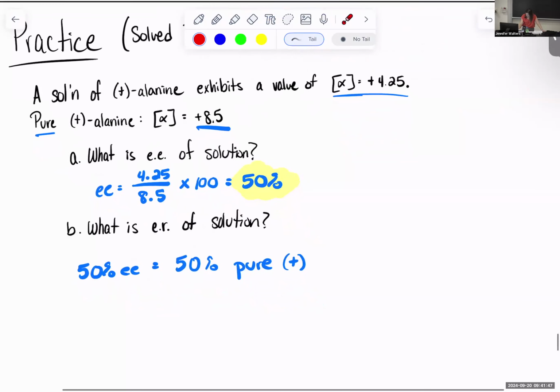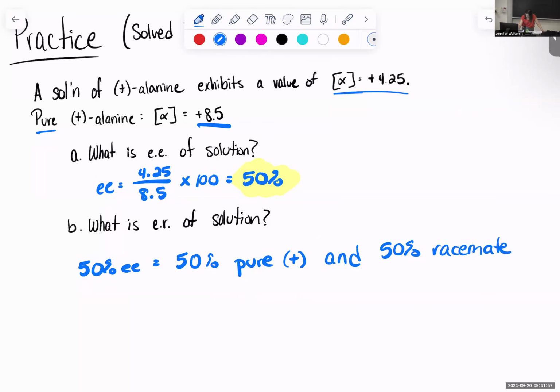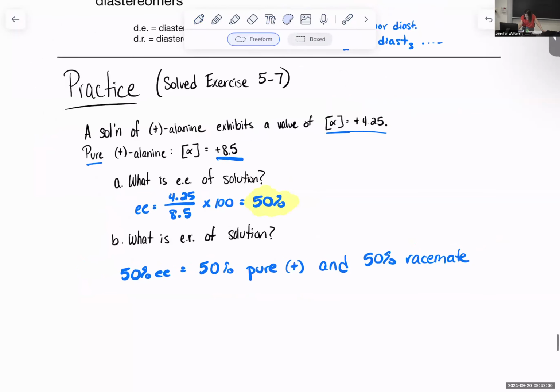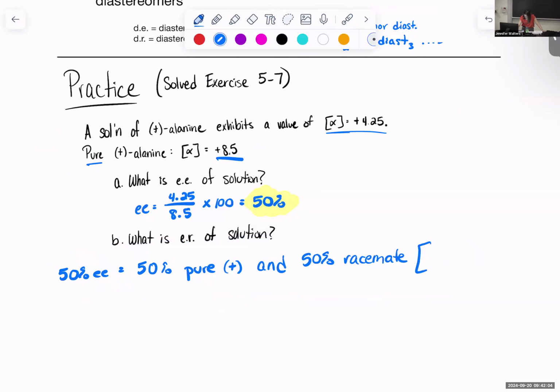So I know it's 50% of that pure positive and 50% of a racemate, which means that it is 1/2 of the plus and 1/2 of the minus.